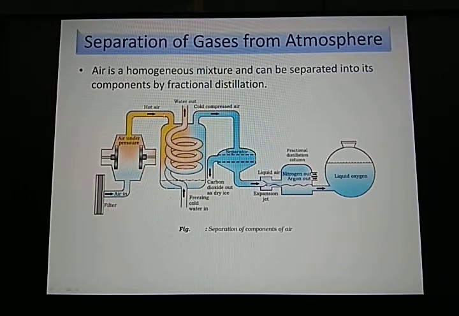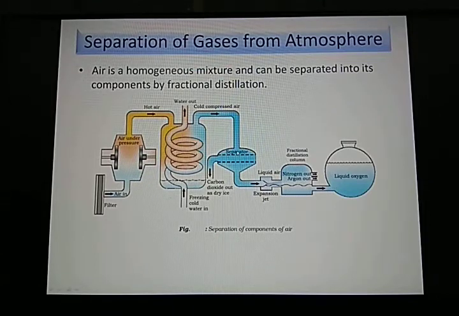When the hot air comes to this chamber and comes in contact with this cold pipe, the temperature of this hot compressed air cools down. Then it passes through this pipe and becomes cold compressed air. Earlier it was hot compressed air, now it is cold compressed air. Clear? Now it passes through this pipe and reaches the separator.